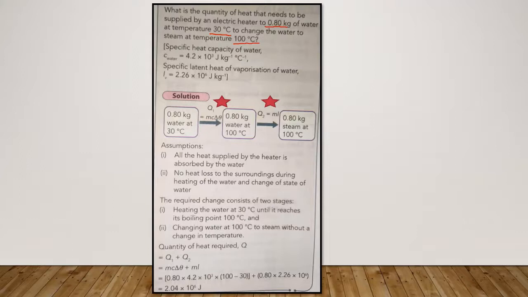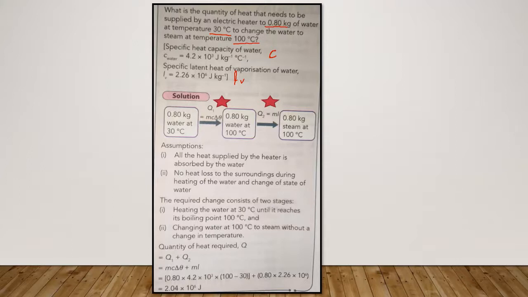This is C, specific heat capacity, remember this is C, not L. The specific latent heat of vaporization of water is the L, Lv. For fusion, it is Lf.